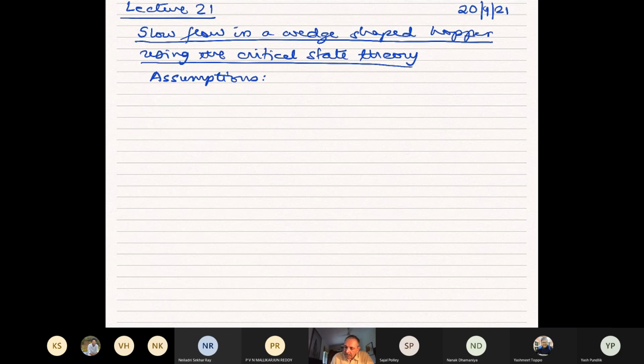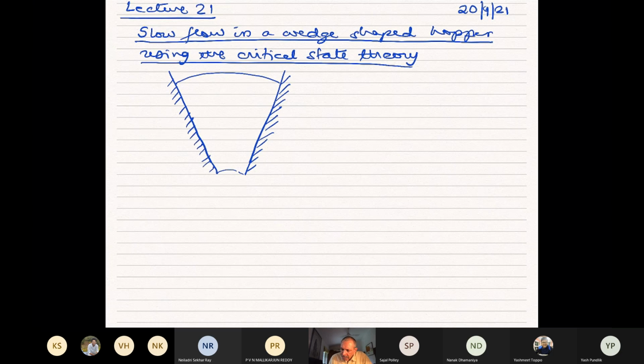Let me first just draw the system and then I'll tell you the assumptions. Just to remind you, we have two walls like this. Okay, maybe I can make this a little longer. And you have some material in here. You can imagine that this is a 2D system and we are looking from the side, so we are not looking in the dimension perpendicular to the screen.